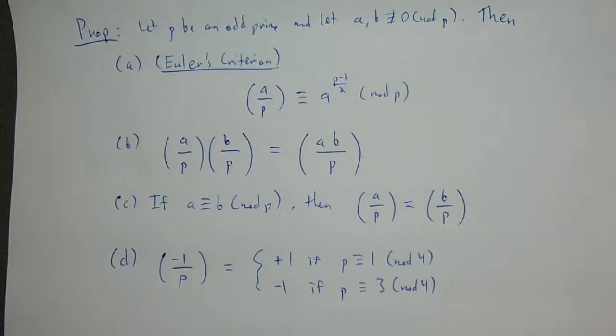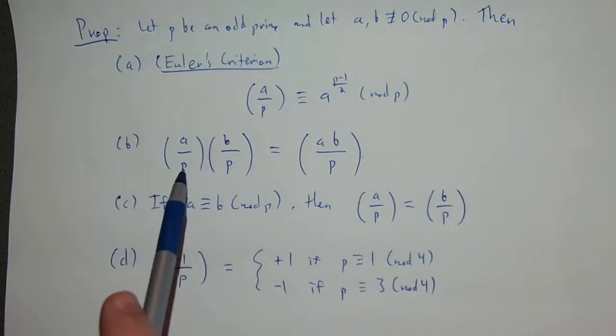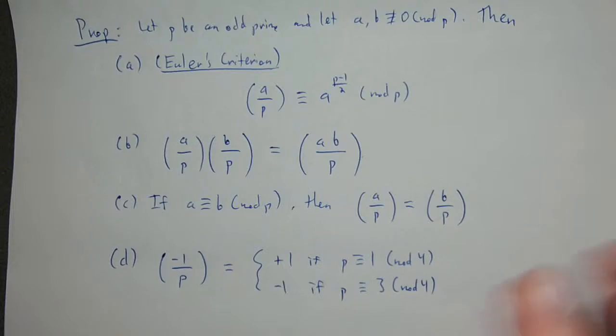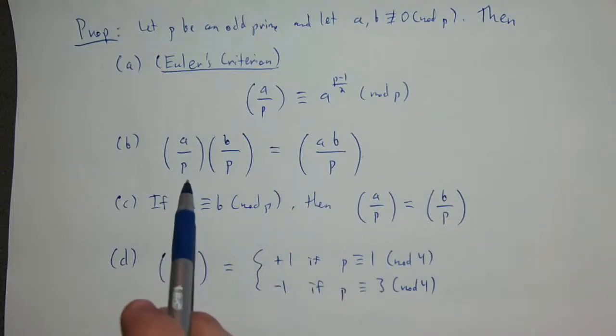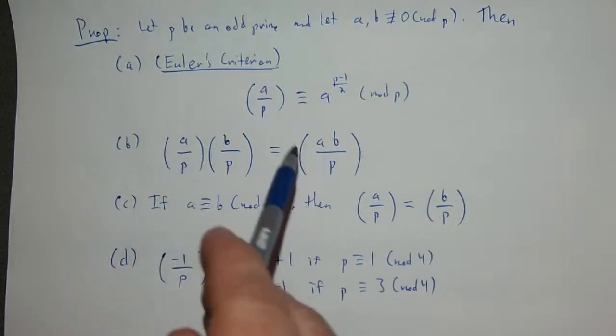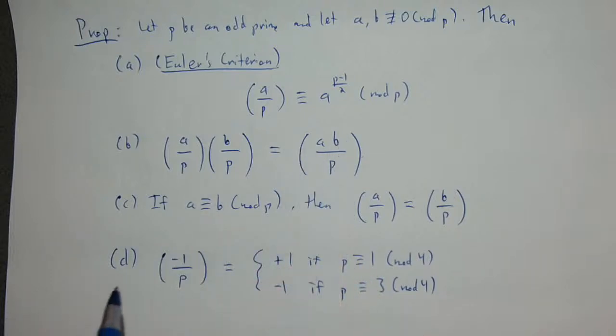Okay. All right, so there's my proposition. So Euler's criterion is this first thing. The second thing says that I can multiply two Legendre symbols, and they're multiplicative in the sense that A on P times B on P is A times B on P. And if A and B are congruent mod P, then their corresponding Legendre symbols are equal.